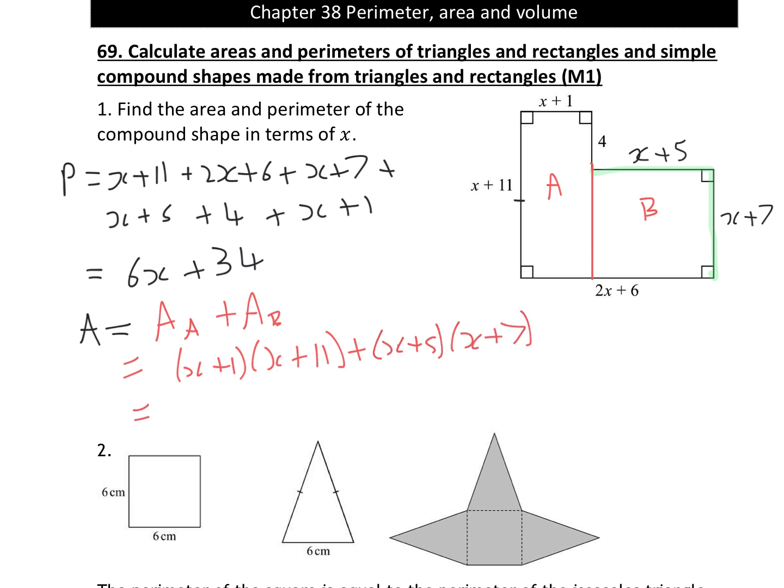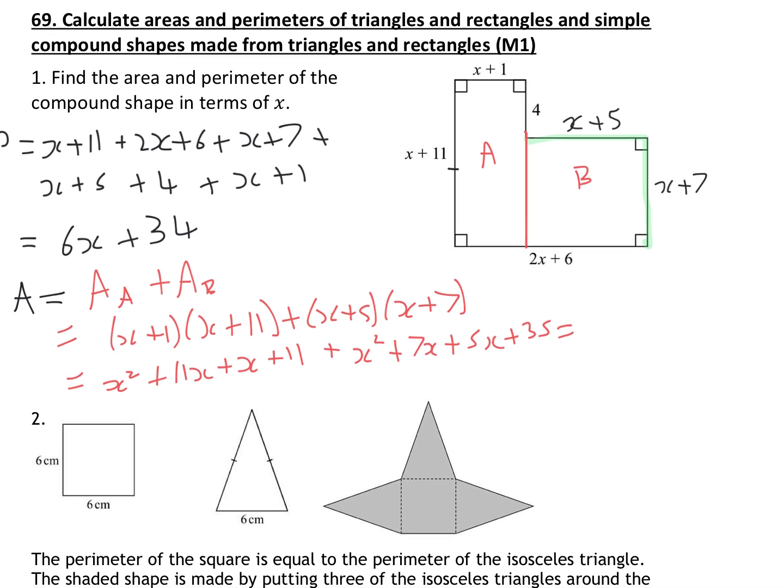We can expand this bracket to give x squared. I'll do it quite quickly, but if you're not too sure about how to expand brackets, you can revise the topic somewhere else on the website. x squared plus 11x plus x plus 11. Expand the second bracket. x squared plus 7x plus 5x plus 35.